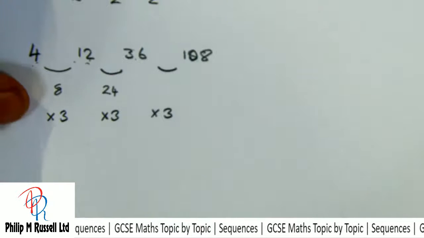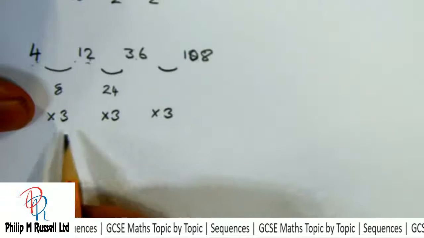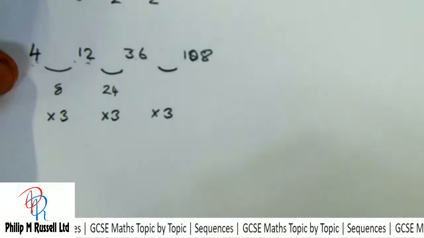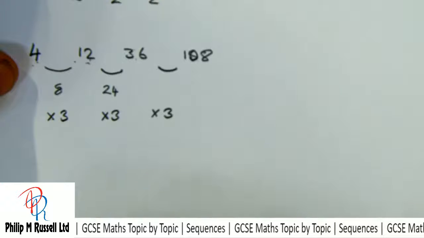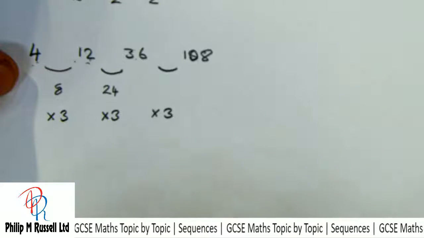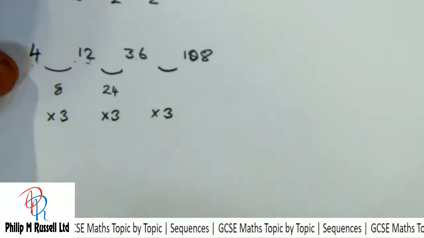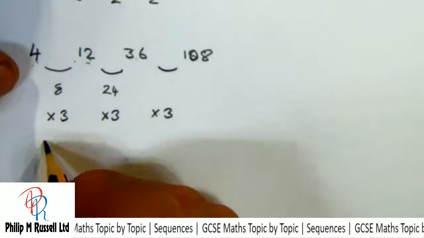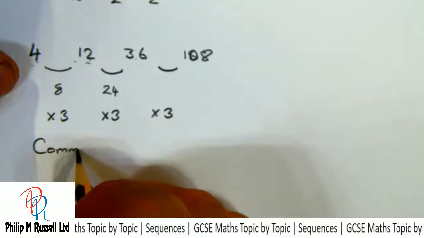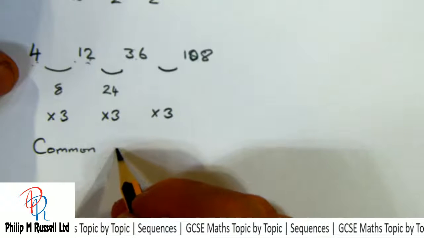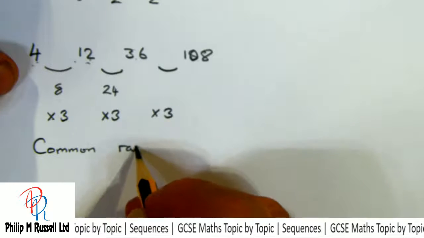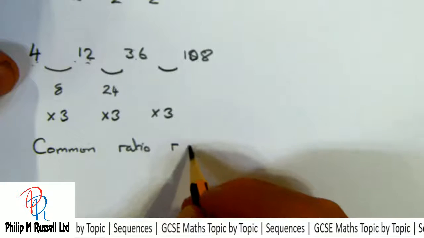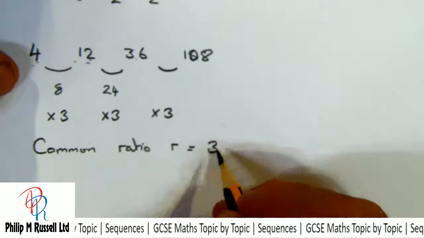So this is one of these different sequences, a geometric sequence, which has something called a common ratio. And this common ratio, r, is going to equal 3.